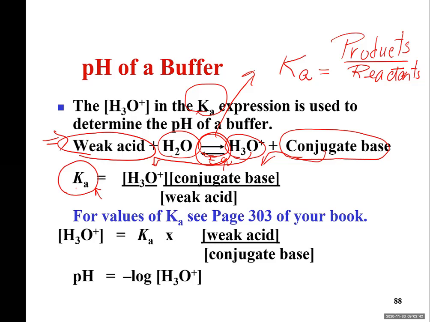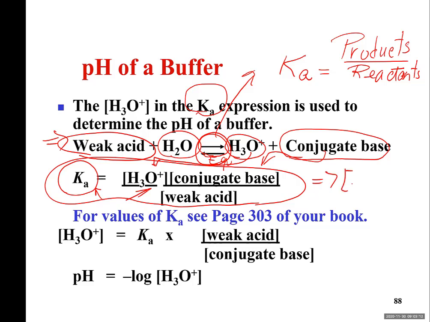So can I then solve this equation for hydronium ion concentration? In other words, if I want the pH of a buffer, I need to know the hydronium ion concentration. If I take the negative log of the hydronium ion concentration, then I'll have pH. So how would you solve this equation for hydronium ion concentration?